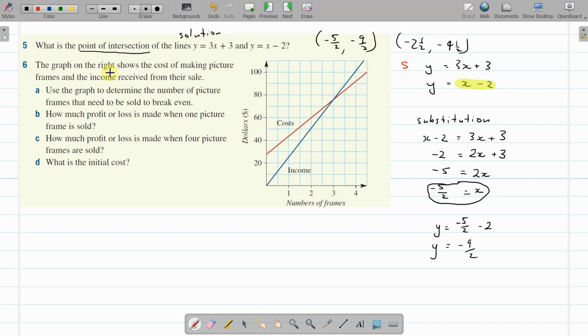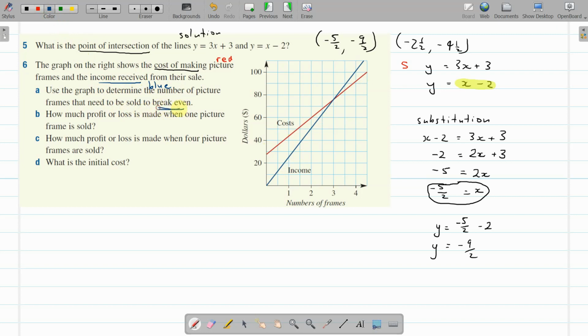Question 6. The graph on the right shows the cost of making picture frames and the income received from their sale. So cost of making, and that's the red line. And then the income received is the blue line. So costs red, income blue. Use the graph to determine the number of picture frames that need to be sold to break even.